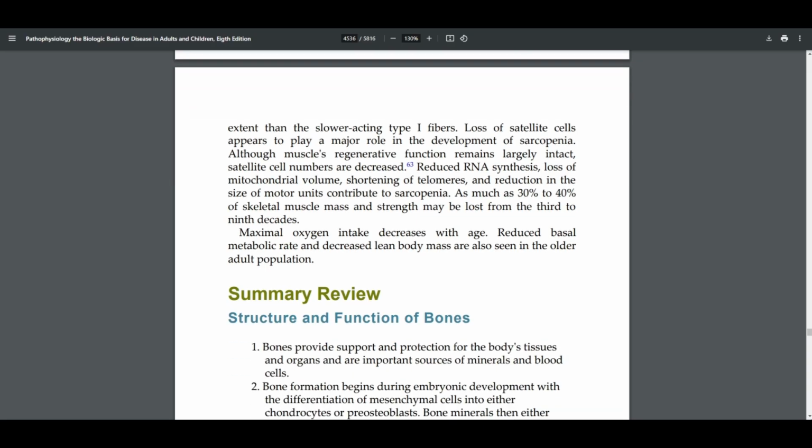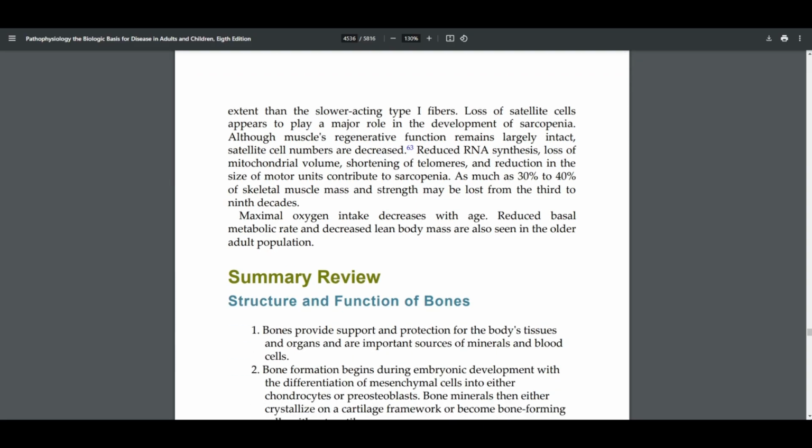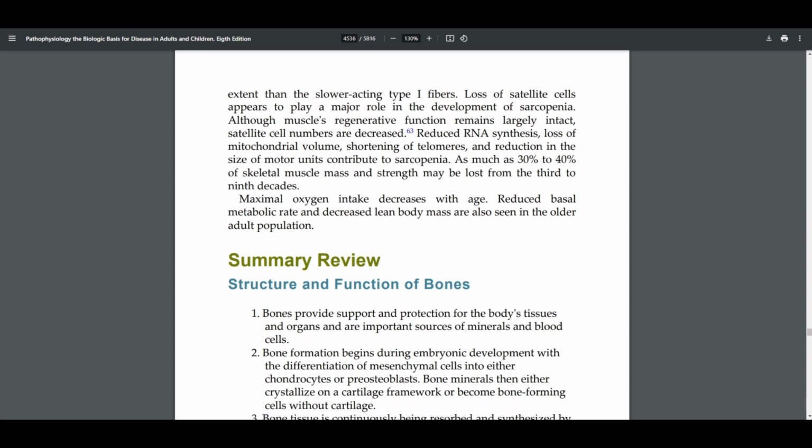Loss of satellite cells appears to play a major role in the development of sarcopenia, although muscle regenerative function remains largely intact. Satellite cell numbers are decreased. Reduced RNA synthesis, loss of mitochondrial volume, shortening of telomeres, and reduction in the size of motor units contribute to sarcopenia.